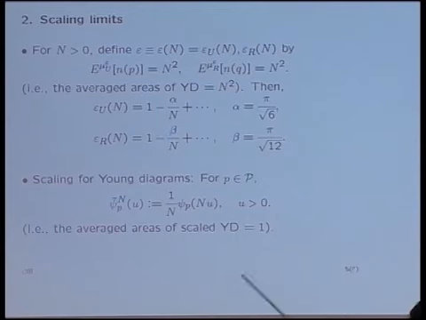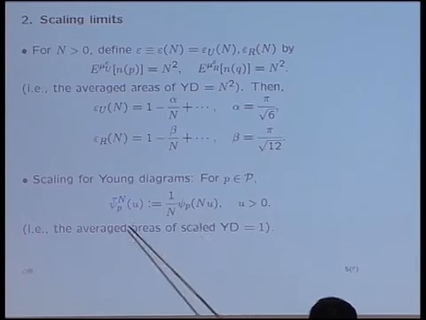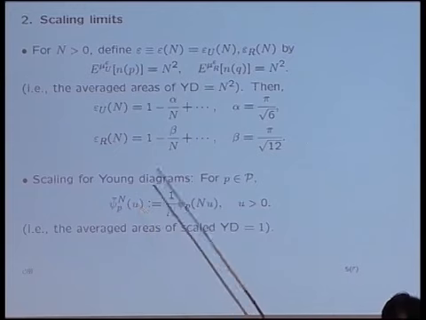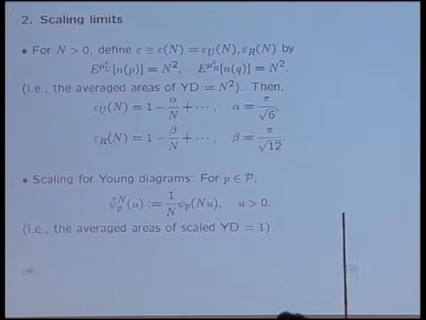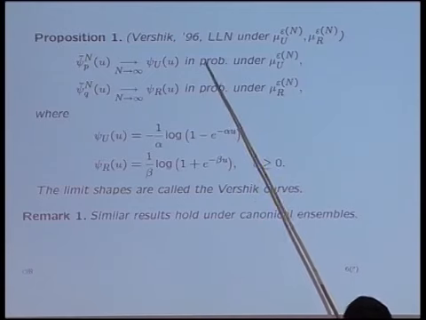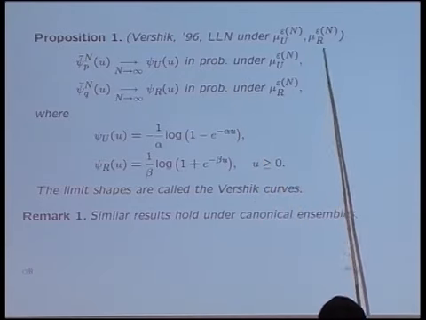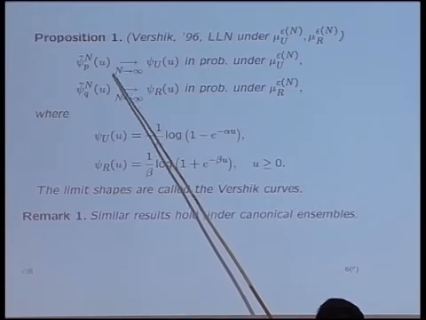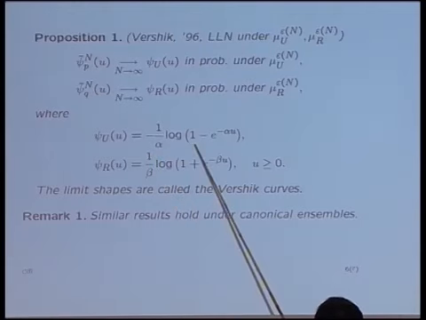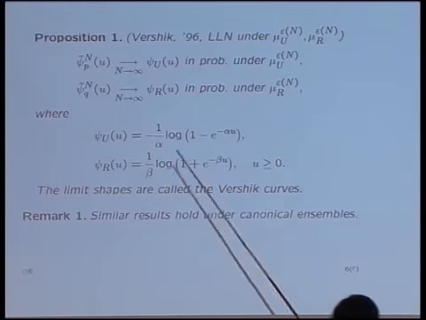Then Bełsik studied what happens as n goes to infinity for these functions. This is still a random function, of course. But what he proved in his paper is that a law of large numbers holds under these measures. It converges to some function which is defined in this way, but this is not so easy to see.